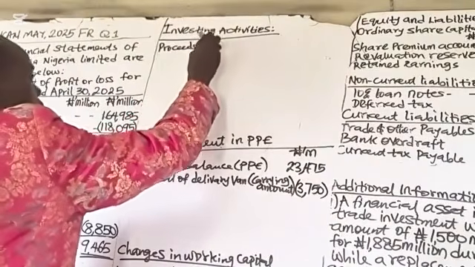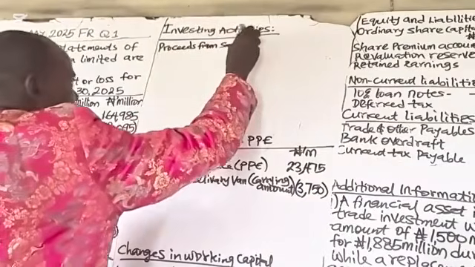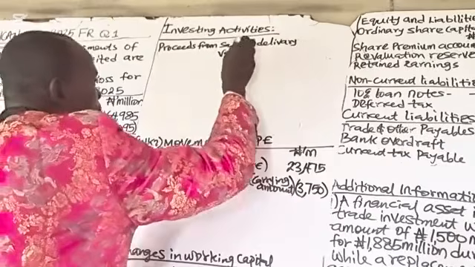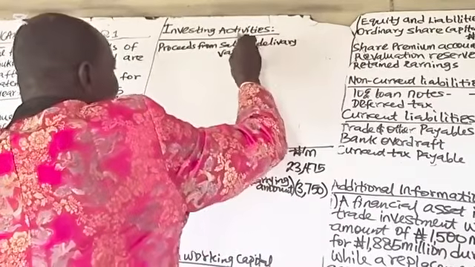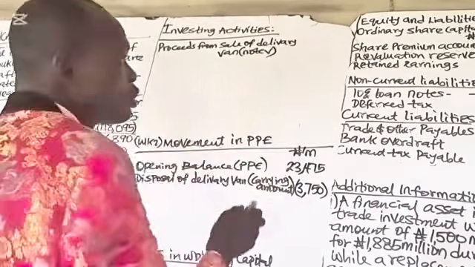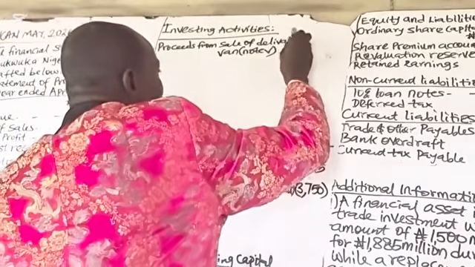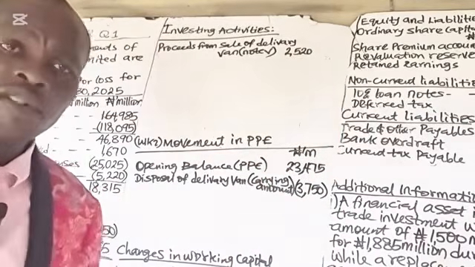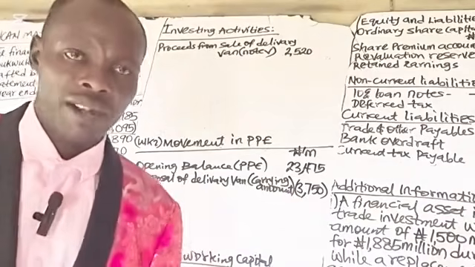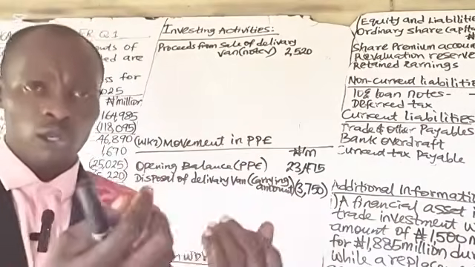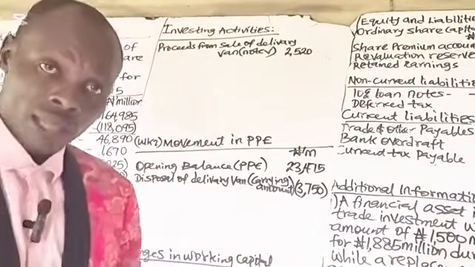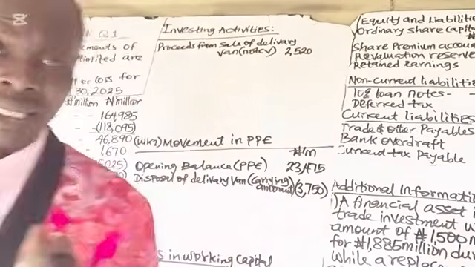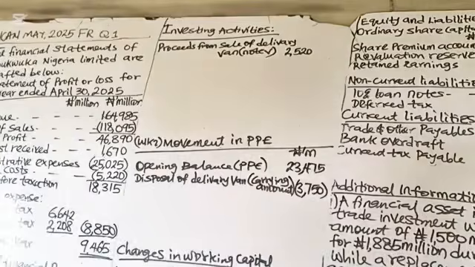And that proceed from note 5. The proceed was given to be 2,520,000,000. Proceed is the amount received from sales of the delivery van. So the amount received is an inflow. When you sell an asset, you receive cash. That cash received is an inflow. Therefore, it should be reported as investing activities, as an inflow.